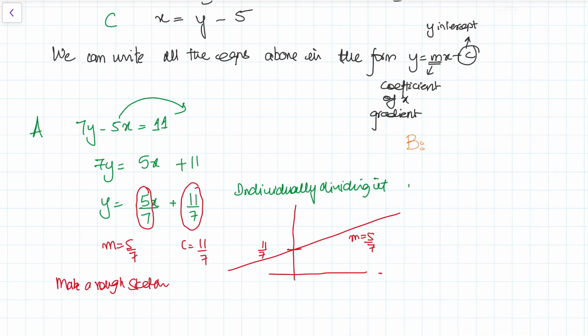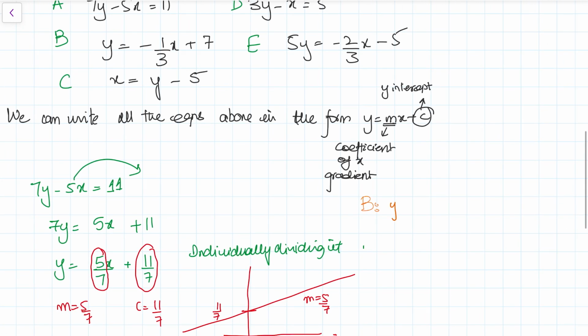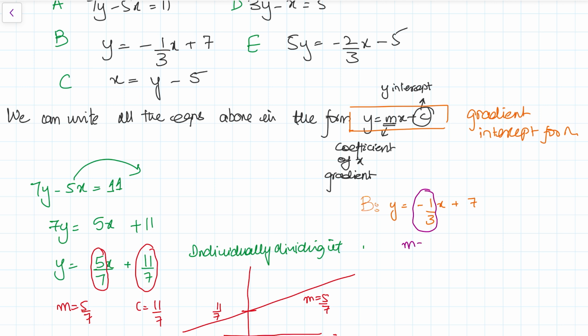Okay, let's look at the B equation now. y equals minus 1 upon 3x plus 7. This is also called the gradient-intercept form. So this equation B is already in the gradient-intercept form, meaning the gradient is minus 1 upon 3 and the intercept is 7.